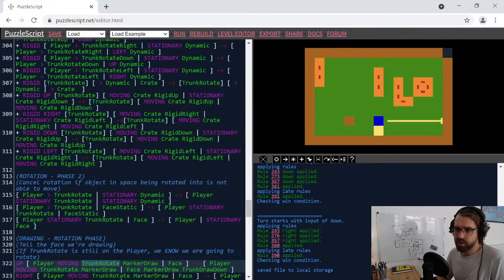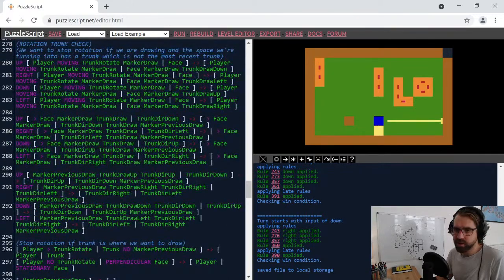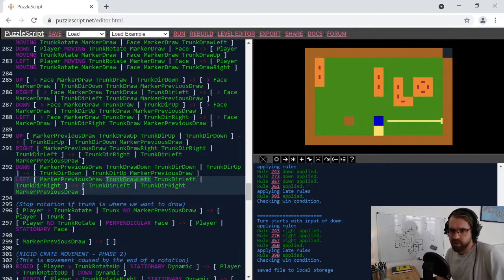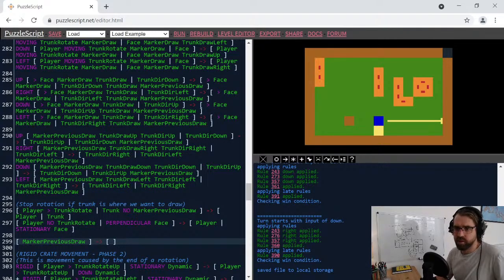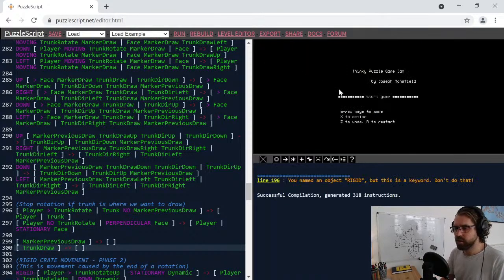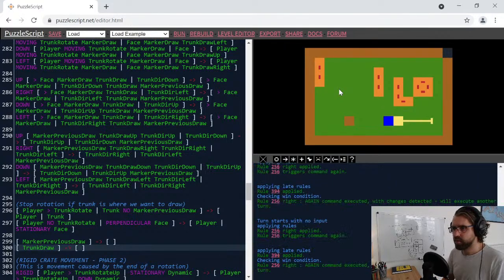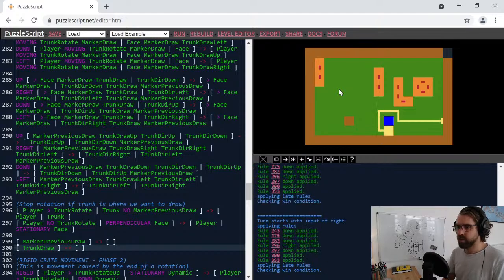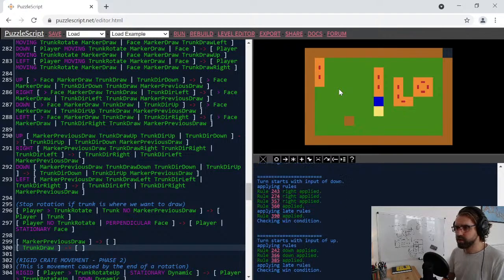I could do with resetting stuff that I've changed during this check, which includes some trunk draws. Right, trunk draw can go away. I think. In fact, that fixed it. That is the issue.